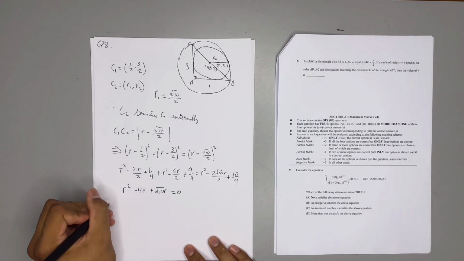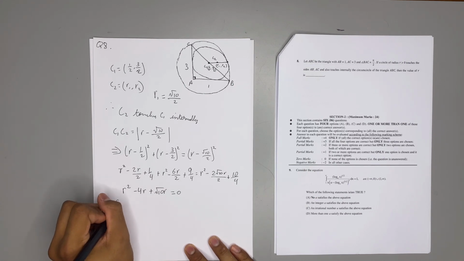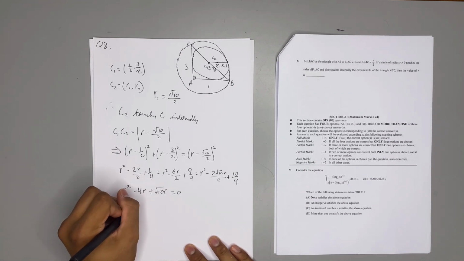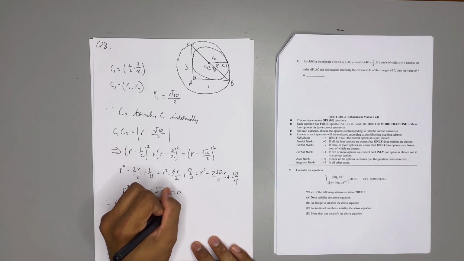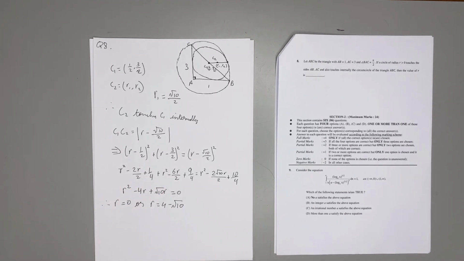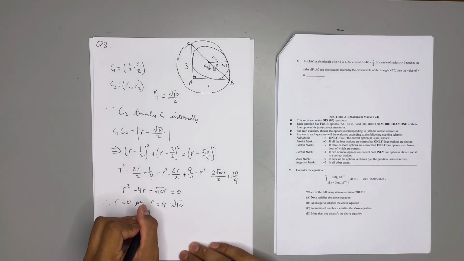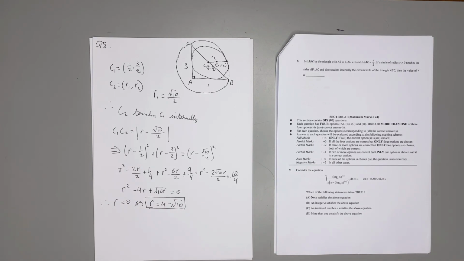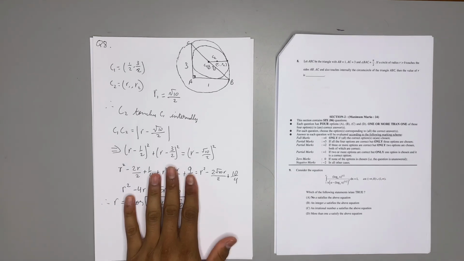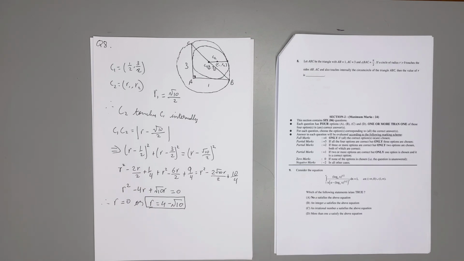Correct. Therefore, R either equals 0 or R equals 4 minus root 10, because when we simplify this, factor out the R. Therefore, we've got a final value of R, which is 4 minus root 10. Question 8 done. Let's go to the next question.